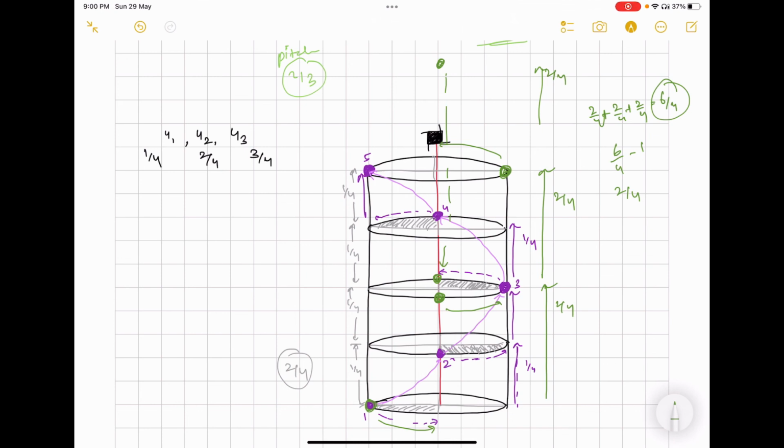Half plus half. Sorry, it will drop to this is half 1.